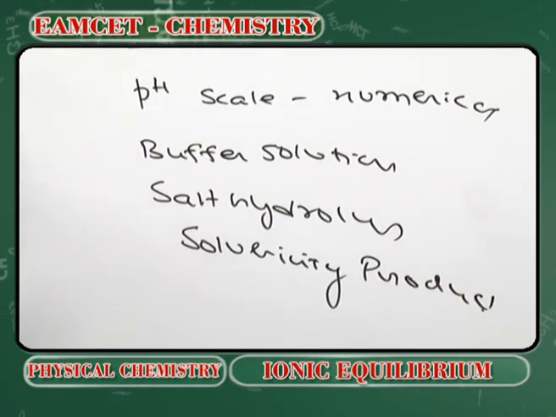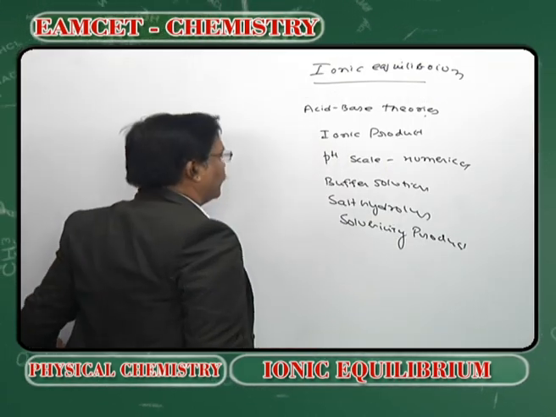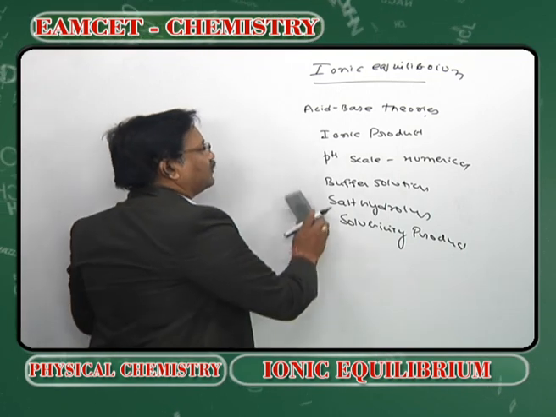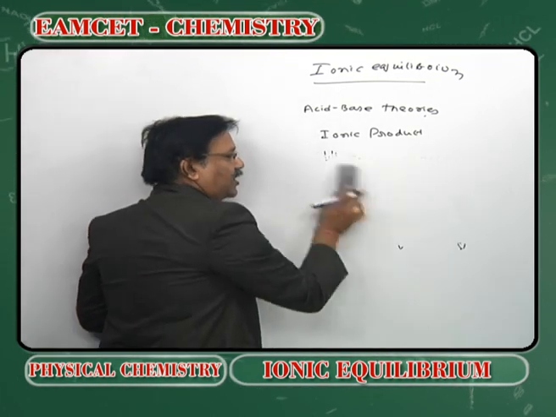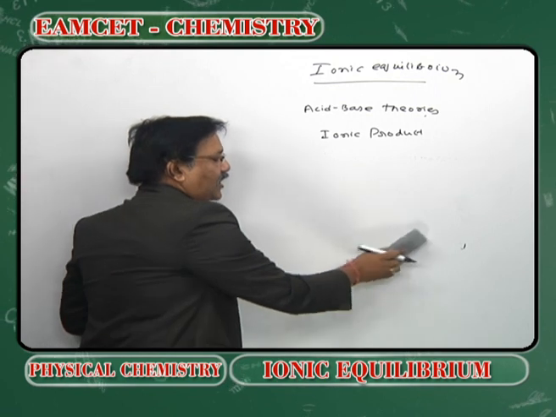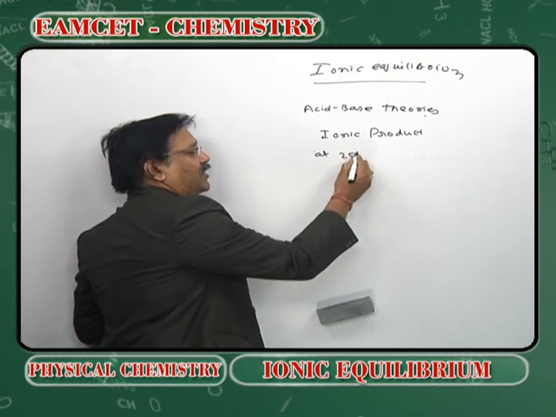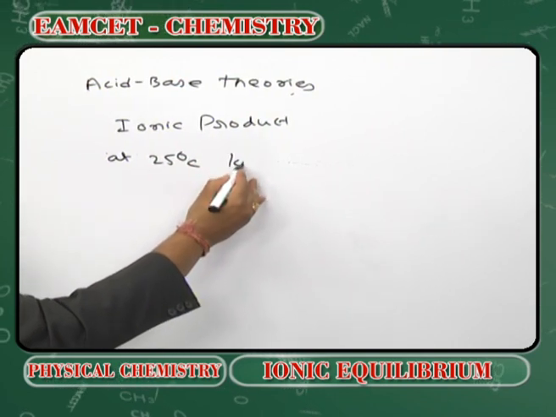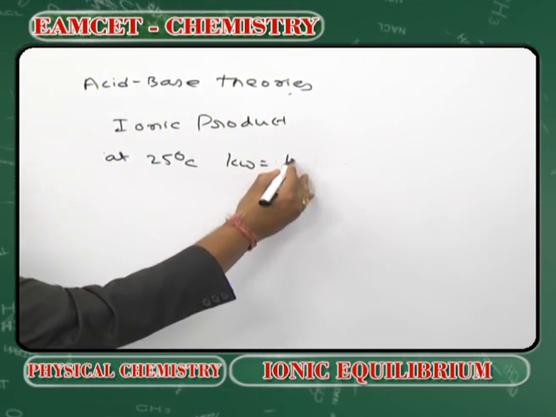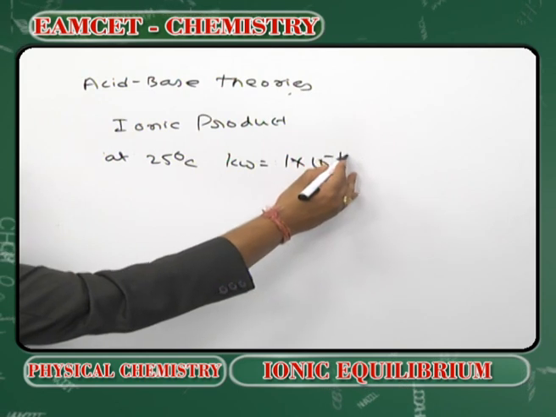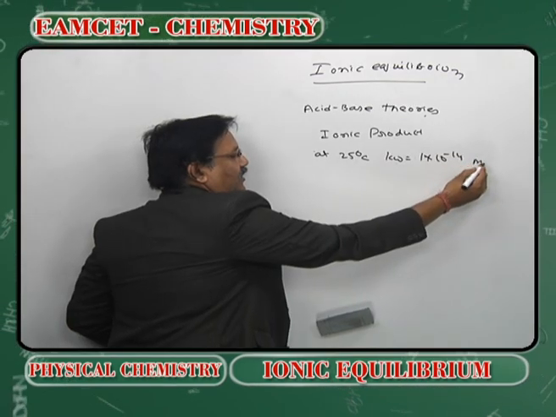Now coming to the ionic product, what are the important points regarding the ionic product? At 25 degrees centigrade, the ionic product value Kw is equal to 1 into 10 to the power of minus 14 mole square per liter square.